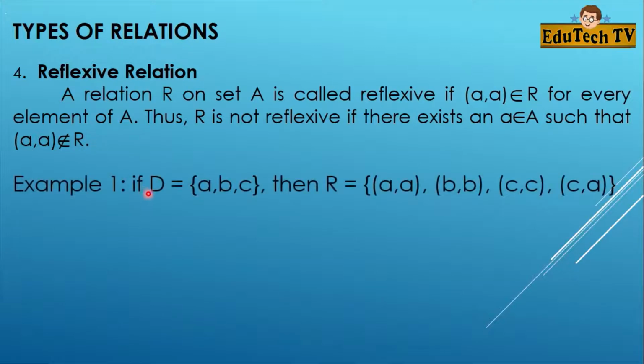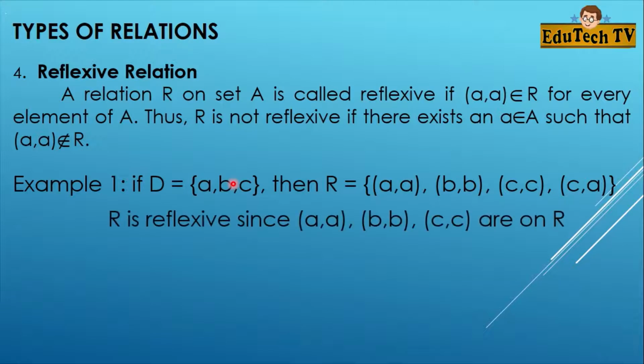For example, if we have the set D equals {A, B, C} and the relation is AA, BB, CC and CA, this is a reflexive relation because we have AA, we also have BB, and we also have CC. If an element of the given set is missing its pair, then it is not reflexive. So R is reflexive since AA, BB, CC are in R.